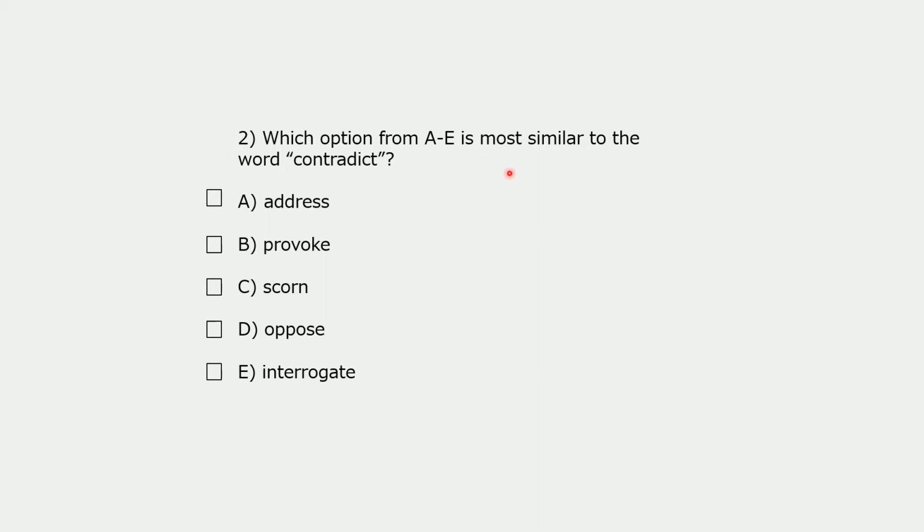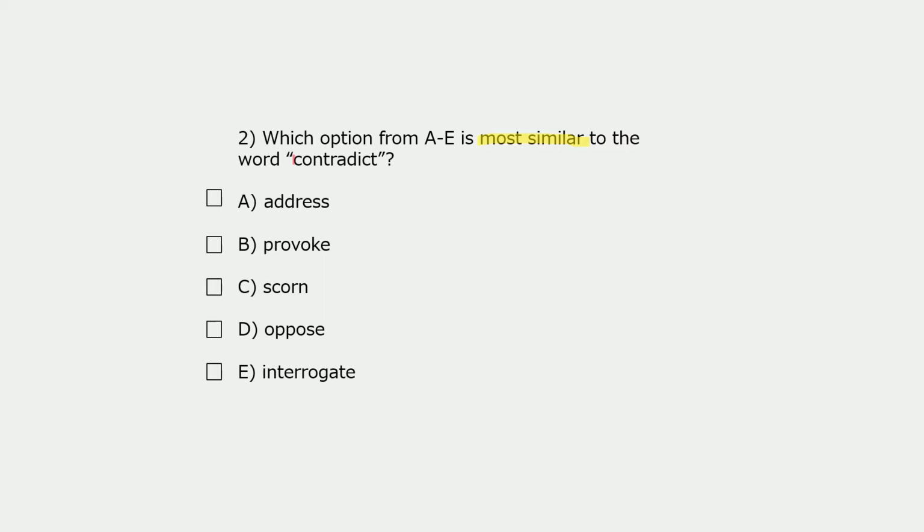Now, first we need to figure out whether this question is an antonym question or a synonym question. We see that because it says most similar, we know that it is a synonym question.